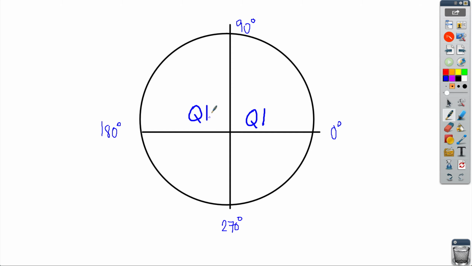The second quadrant from 90 degrees to 180 degrees, because you know half of a circle is 180. And on the third quadrant, from 0 degrees all the way to the third quadrant, you will produce a 270-degree measure. And of course, your fourth quadrant is from 270 degrees to the full rotation, which is 360 degrees. And this is when you have a positive rotation.